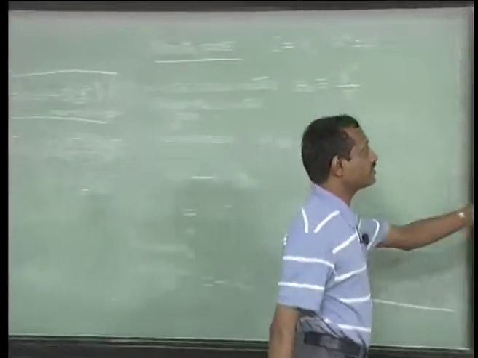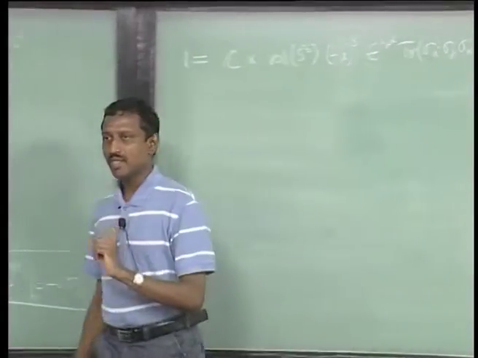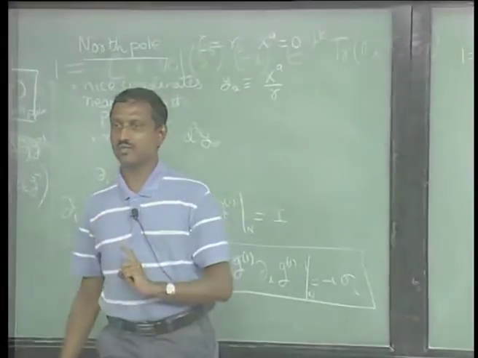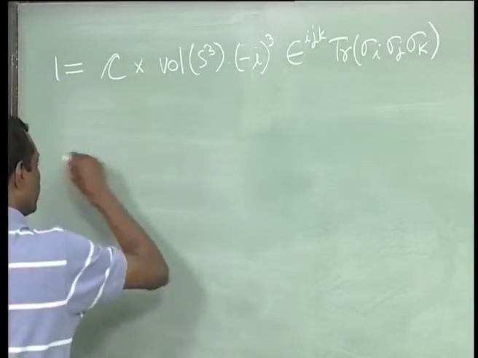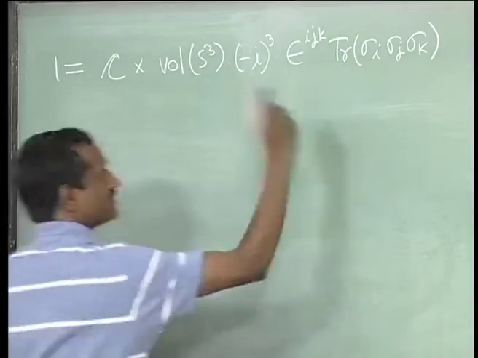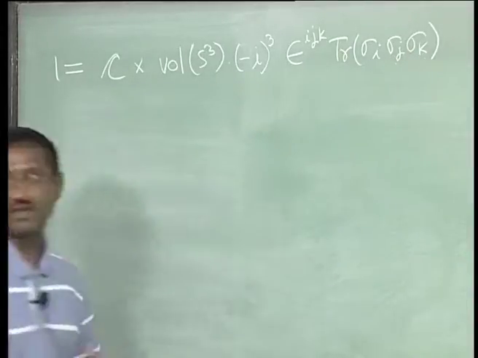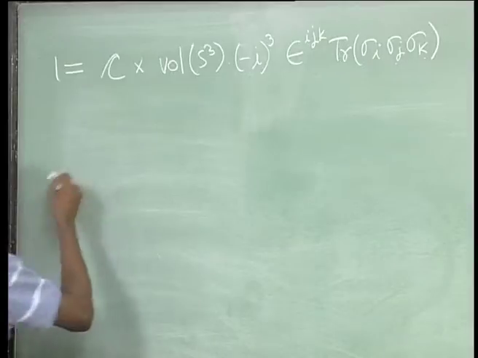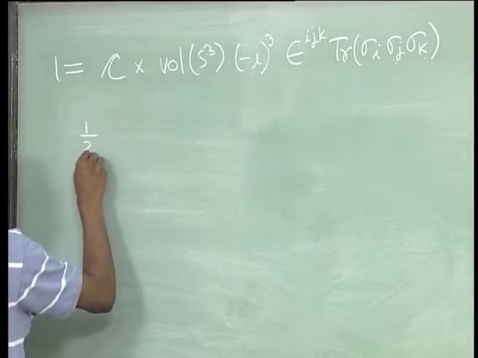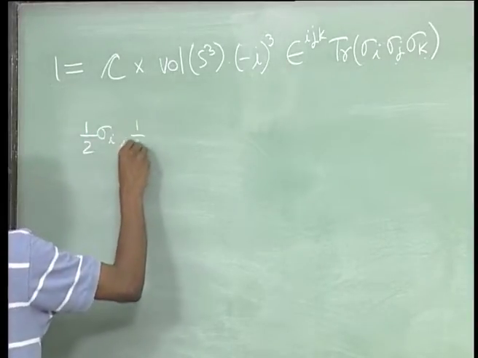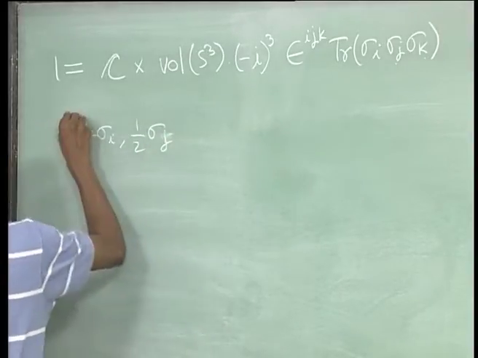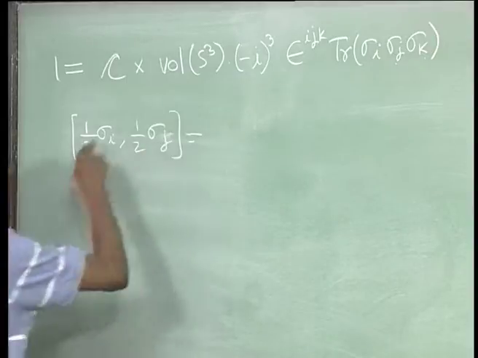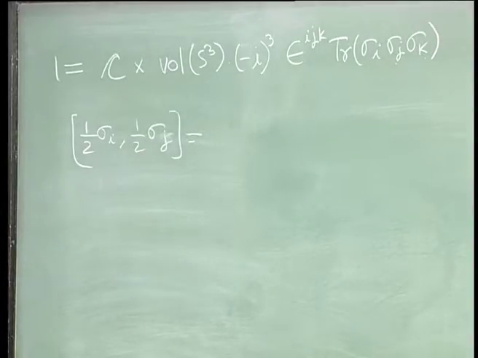I had done this computation last time, but I think there were some errors in what I had done. So I will just repeat it, it will just take me a minute. The first thing I did yesterday was to convert this into a commutator, and there I think I messed up a factor of 2. This is what I should have remembered, that it is half sigma_i which satisfies the SU2 Lie algebra, and we know the structure constant for that.